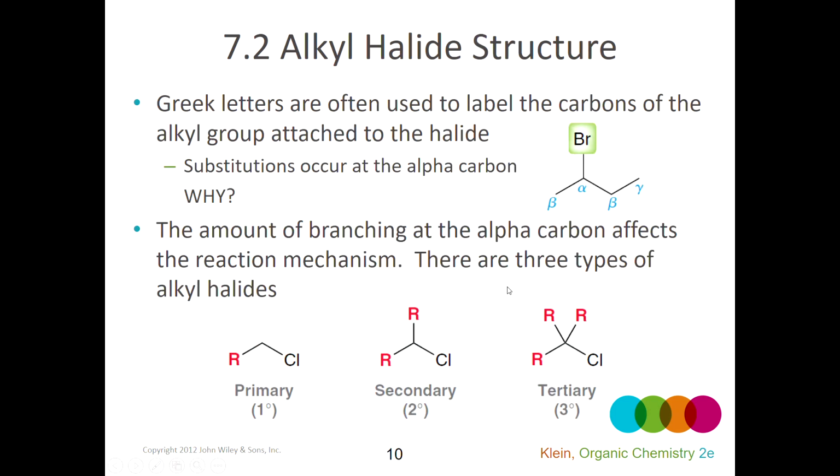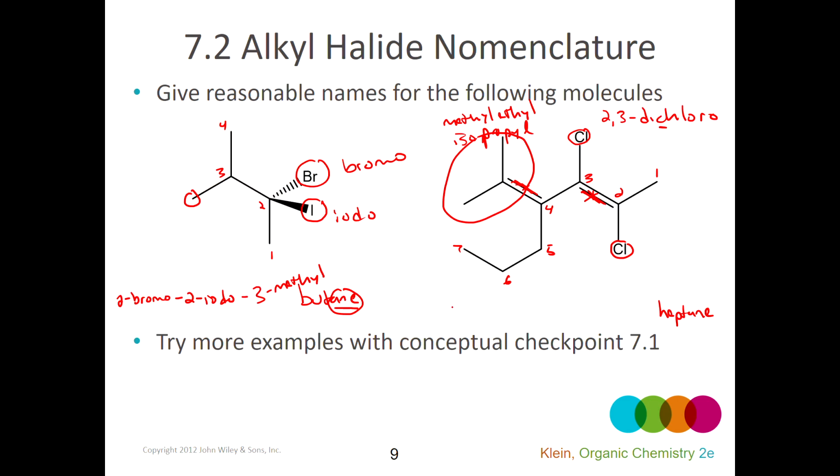So that's whatever your preference is. And so I would then put those together to create the overall name. So 2,3-dichloro, this isopropyl is on 4, 4-isopropylheptane.